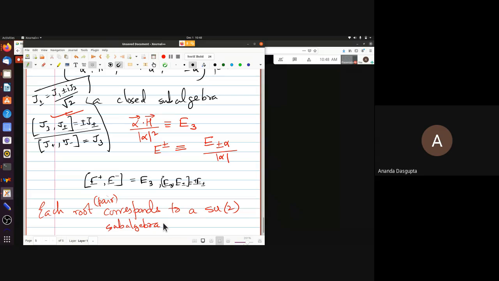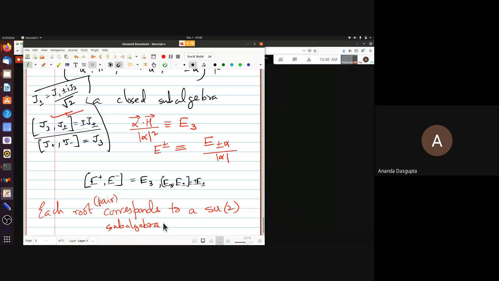And frankly, SU2s are so much easier than any other Lie algebra that you can think about. And once you see that semi-simple Lie algebras can be essentially broken up this way into SU2s, it's obvious that you will be able to derive a lot of the properties of arbitrary semi-simple Lie algebras from what you already know about SU2.